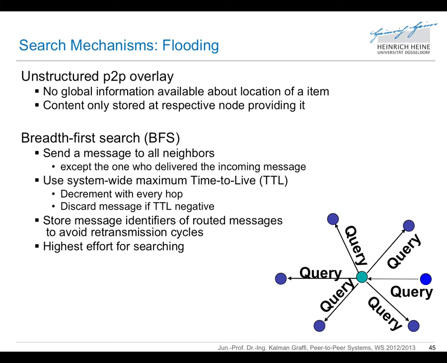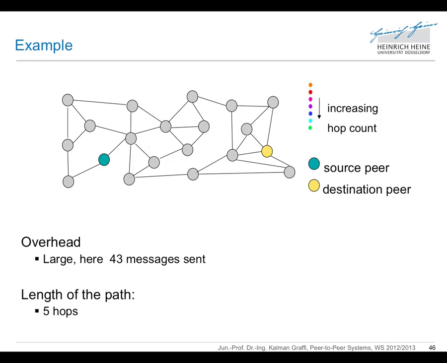And this node knows, okay, the request ID XY received an answer, and this is the address, so I will forward the address of the query hit to the node from which I myself received the request. So going the same path of the flood back, you will receive the answers to your query. And it has a lot of high effort for searching. So here's an example.